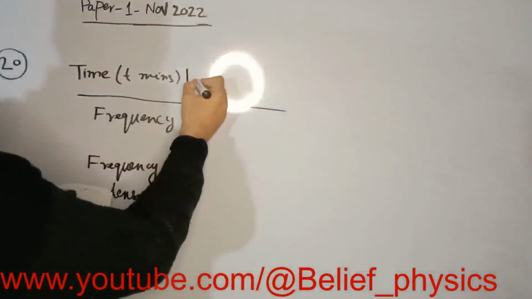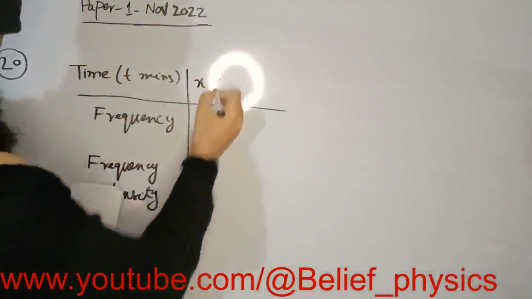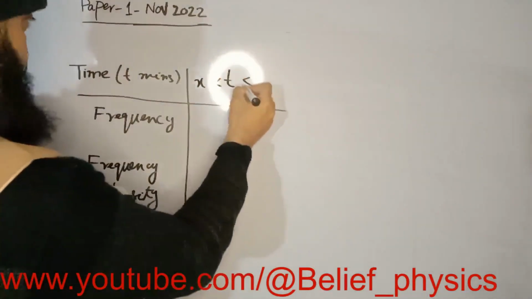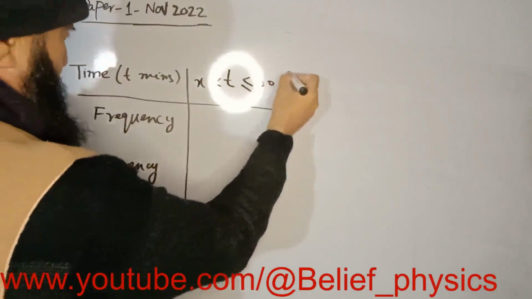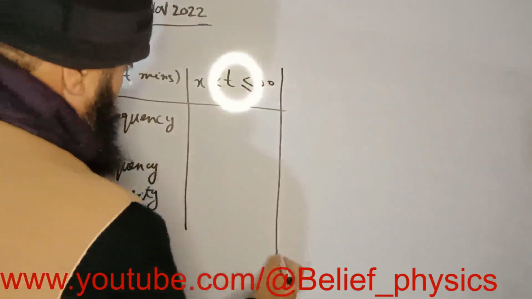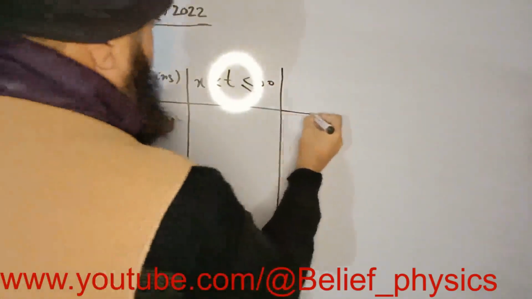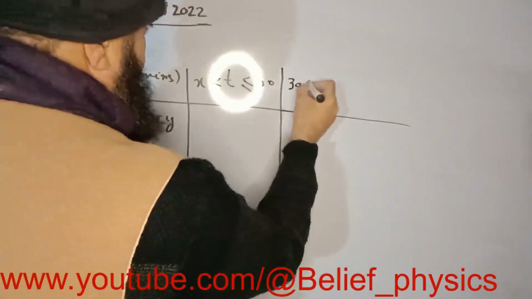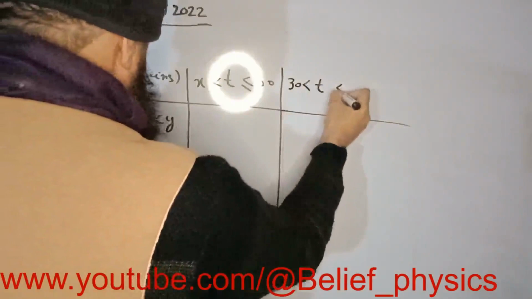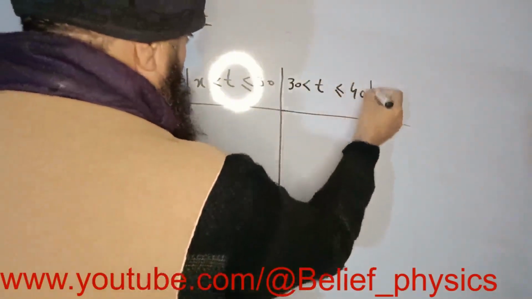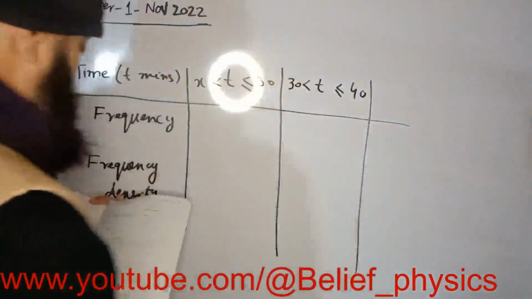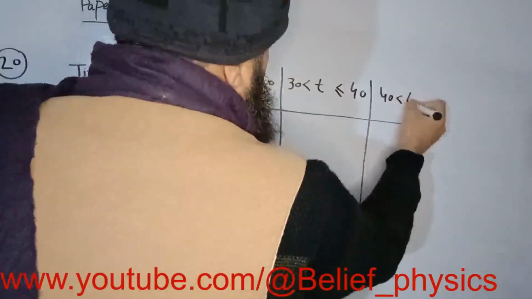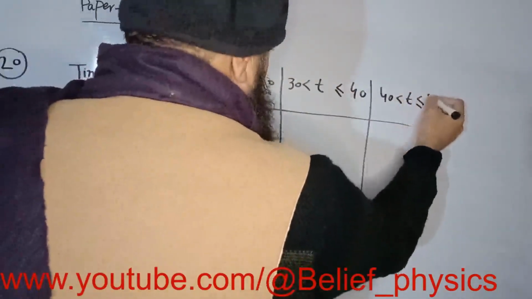The table shows: the first column is x less than t, less than or equal to 30, where x is unknown. The second column is 30 less than t, less than or equal to 40, and the fourth column is 40 less than t, less than or equal to 45.